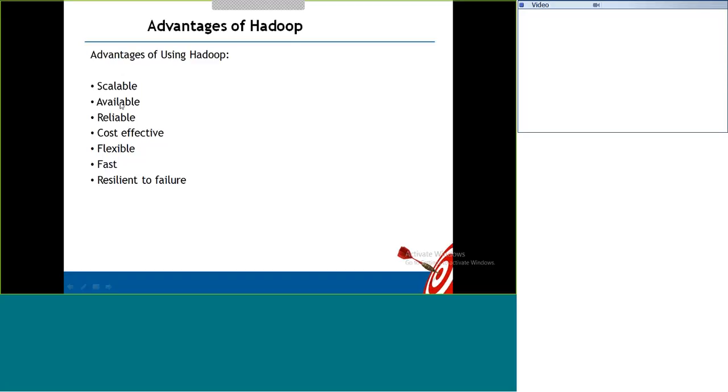Available. It is available all the time. So availability is more. Why? Because it has a failover mechanism. Because your data is stored in multiple machines, you put some backup machines, so some additional data nodes are available to take up the failures of the existing machines.